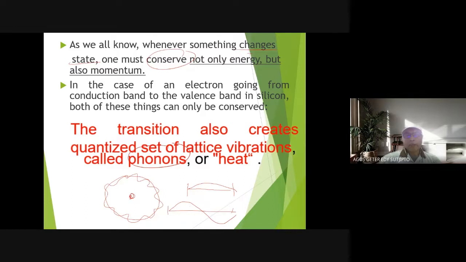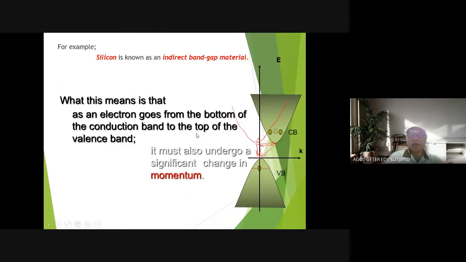Actually, this is different from heat. If we have silicon just now, the electron's position in the conduction band can sometimes be in this orbit, and they will go to the valence band when they move here.